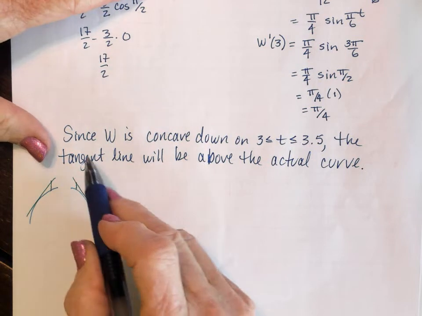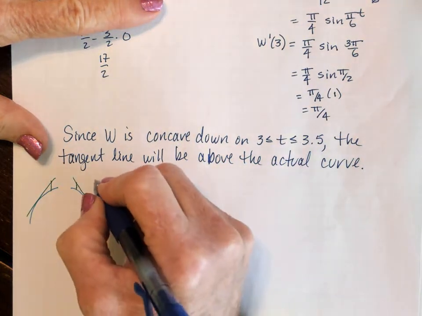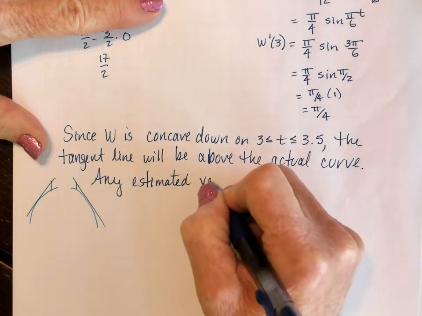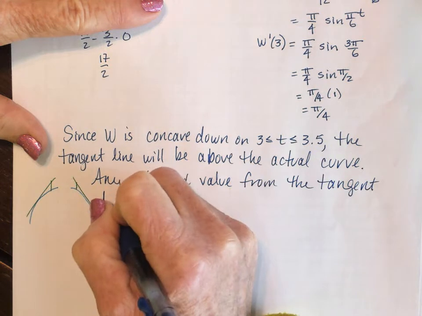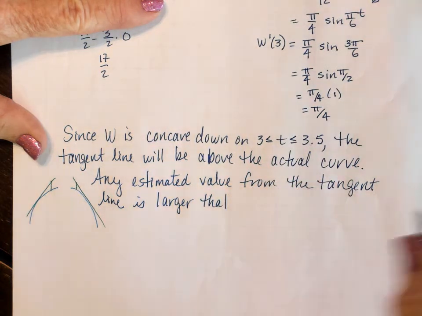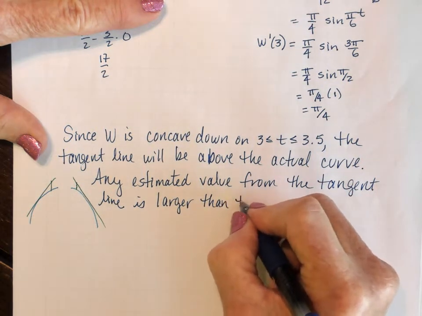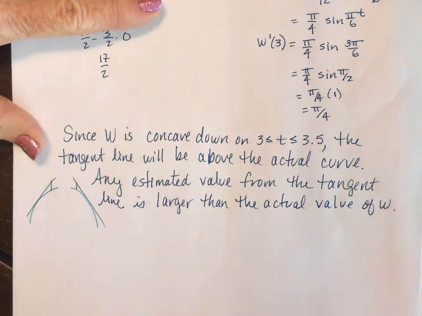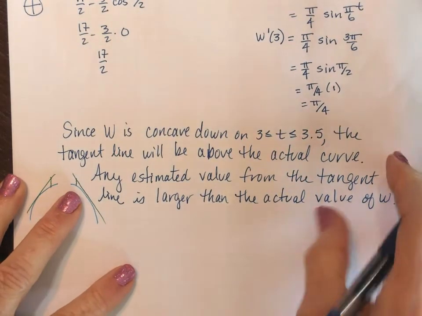So we're just going to kind of complete this off. Since W is concave down, the tangent line will be above the actual curve, and any estimated value from the tangent line is larger than the actual value of W. Okay, now they're specifically asking you about W evaluated at 3.5.